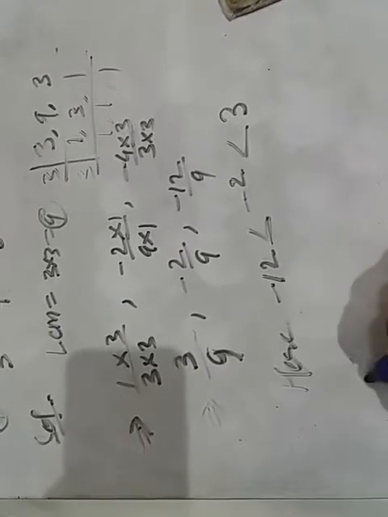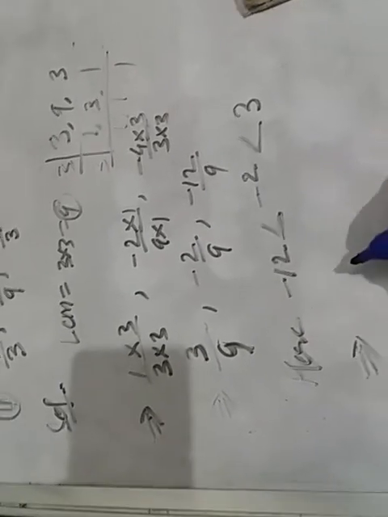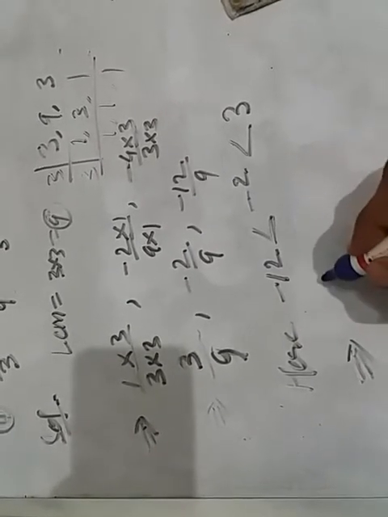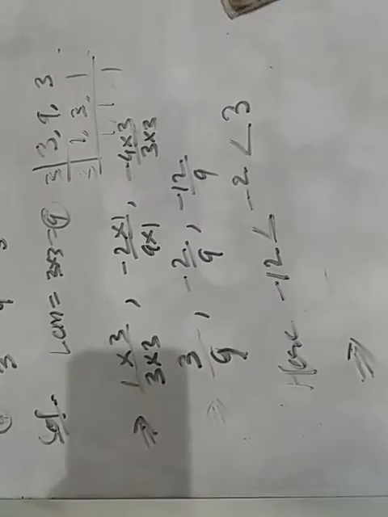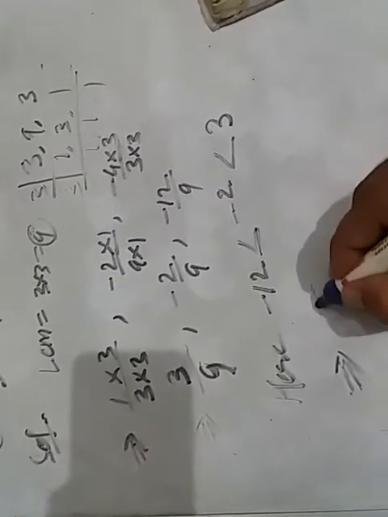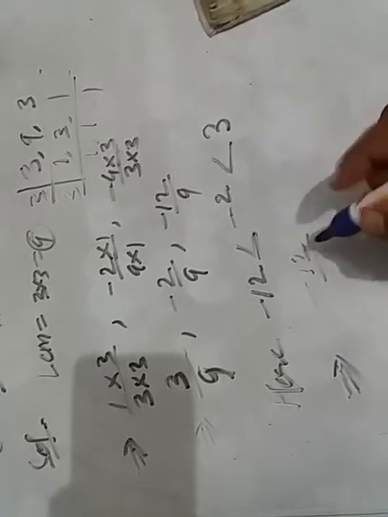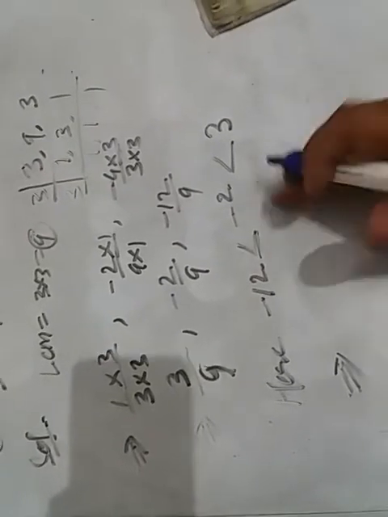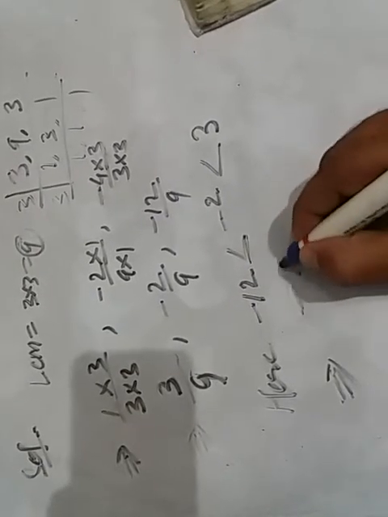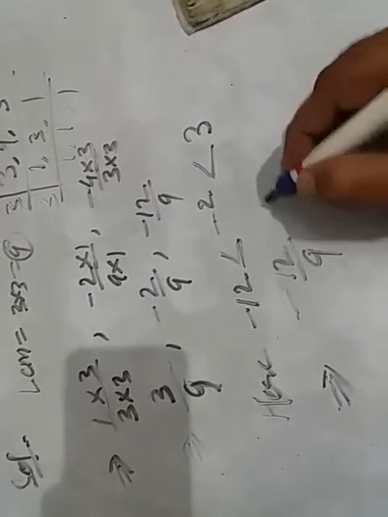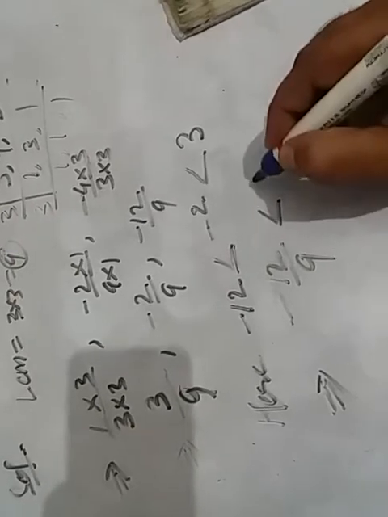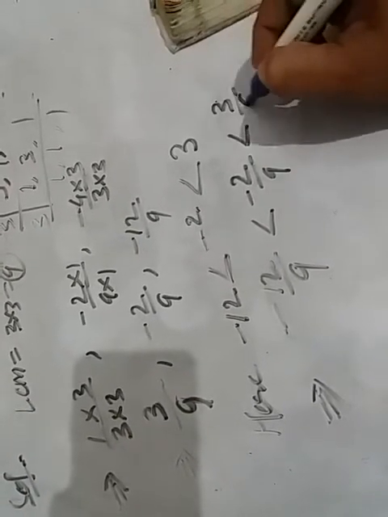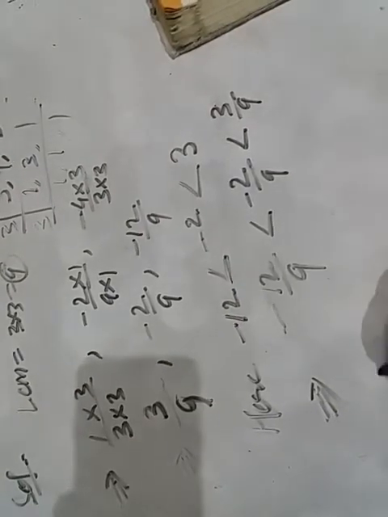This implies that minus 12 upon 9 is less than minus 2 upon 9 is less than 3 upon 9. Okay, ultimately we can write it in the original form.